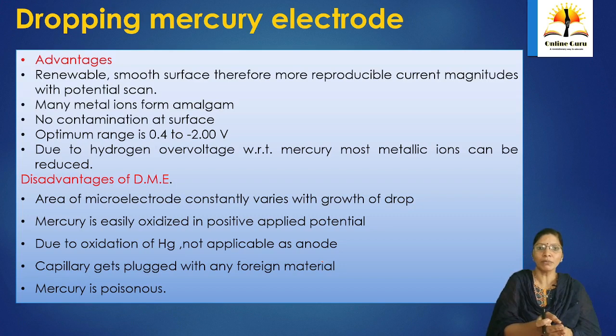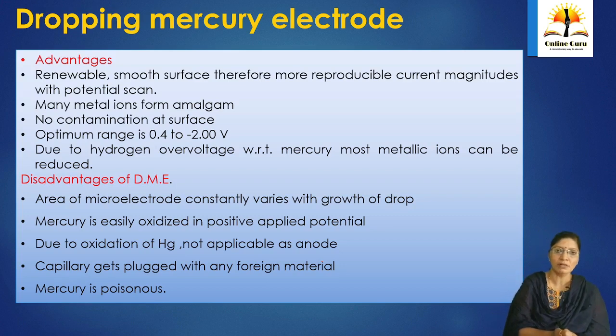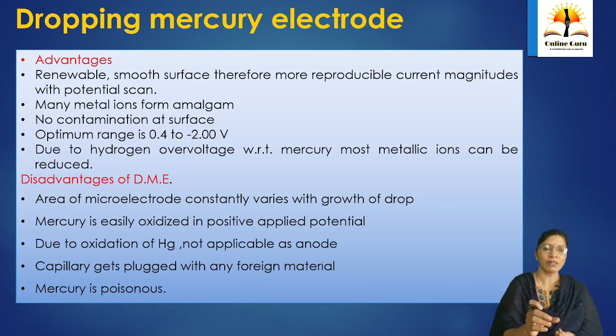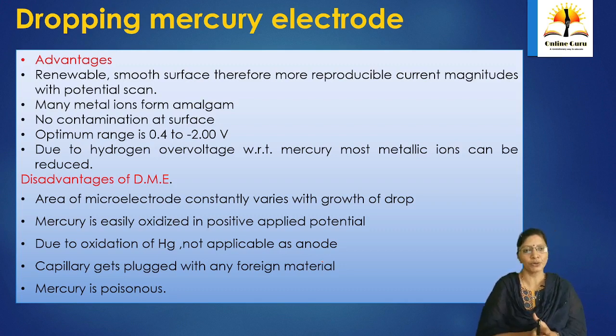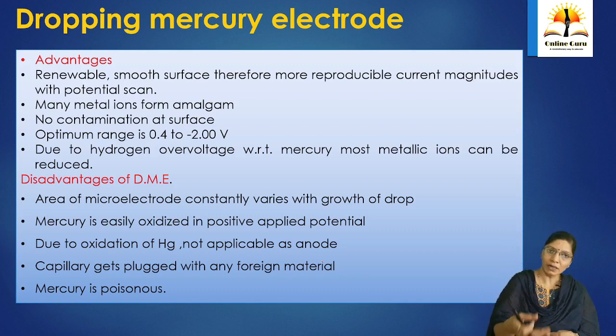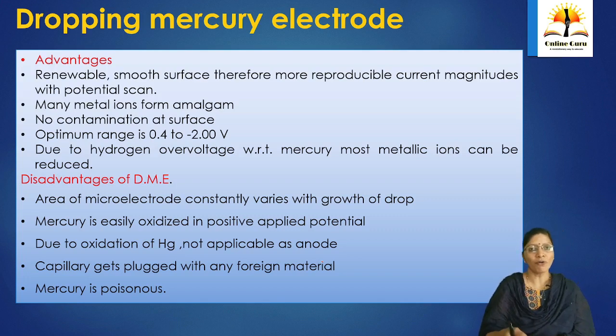So every time the electrolysis is carried out at the electrode surface, you are going to have a renewable smooth surface, therefore more reproducible current magnitudes with potential scan. So we can perform analysis repeatedly with the same electrode system, as every time a new drop behaves as the electrode.